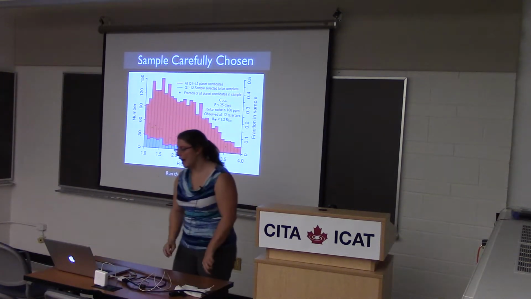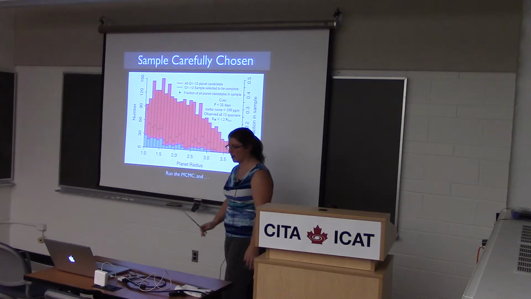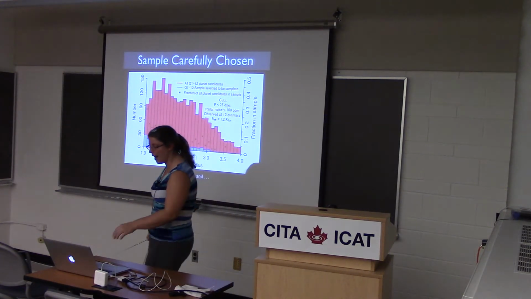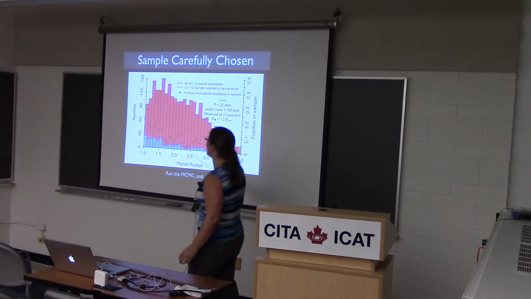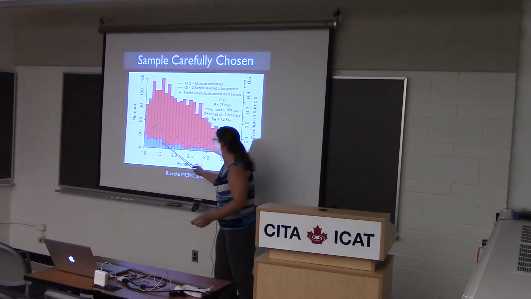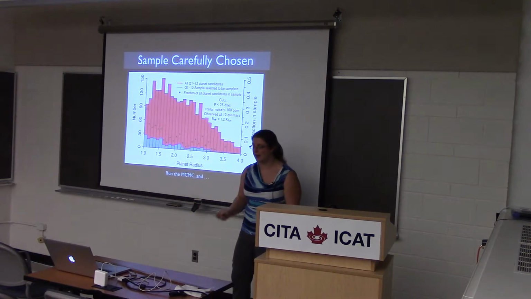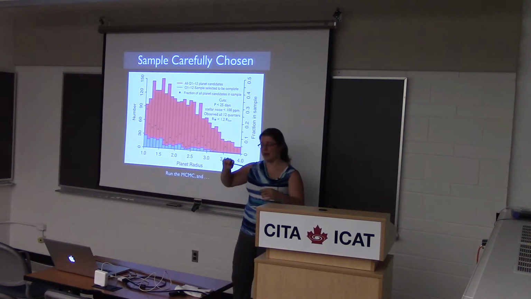Okay, so now that we have a complete data set in hand, we can run the MCMC. Oh, I should explain why this is so important for what we're doing. The shape of this radius distribution is encoded in the shape of the population distribution of the compositions that we're interested in, right?